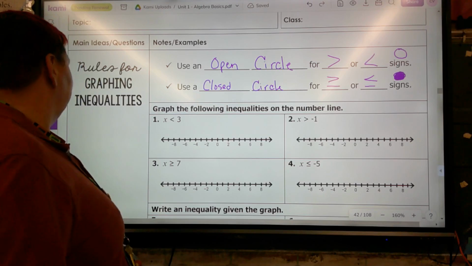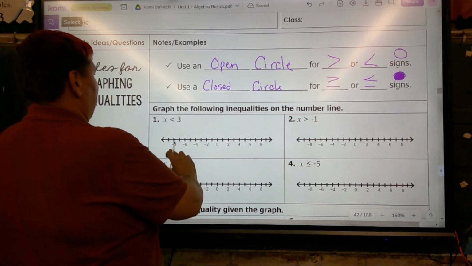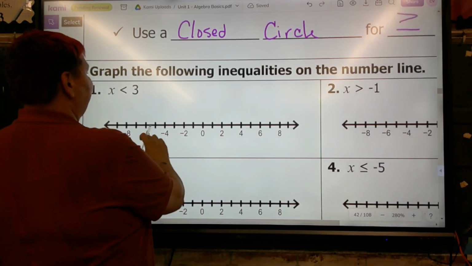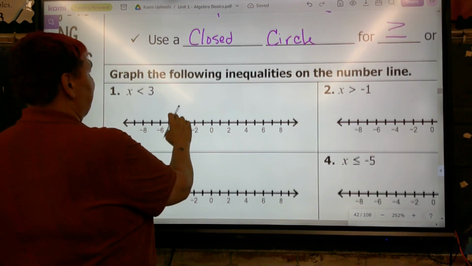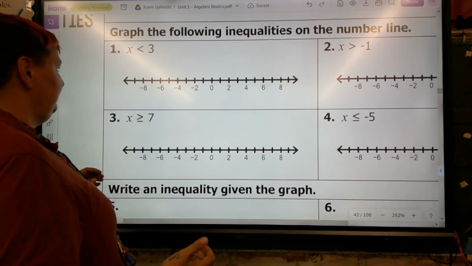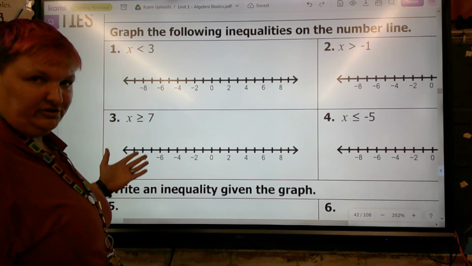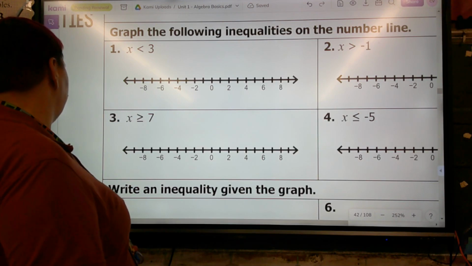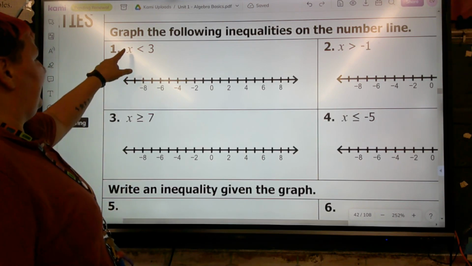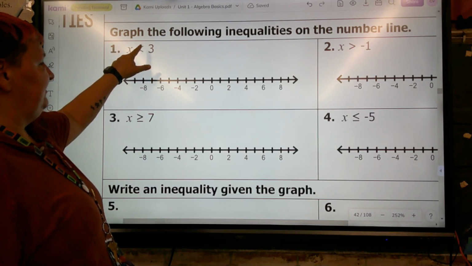Simple enough? Alright, so we're going to graph the odd ones, and then same as the last unit, try to do it ahead of me. If not, that's okay because we're just learning. These are the guided notes. X is less than 3.